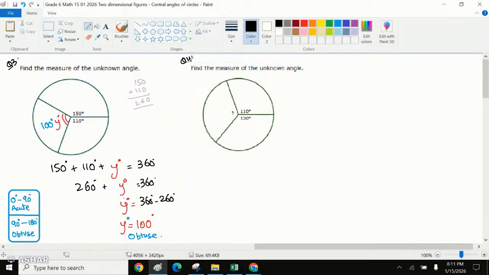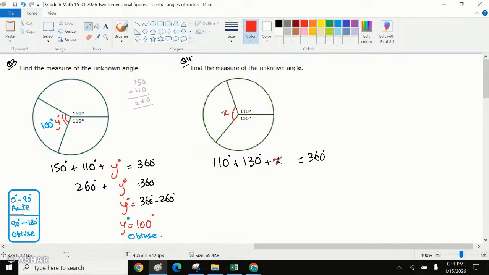Question number 4 states that we are given two angles and we are missing this angle x. So can we say 110 plus 130 plus the missing angle should be equal to 360, right?